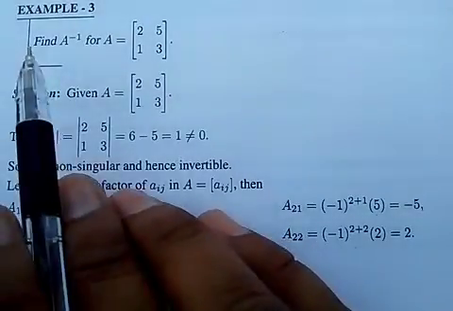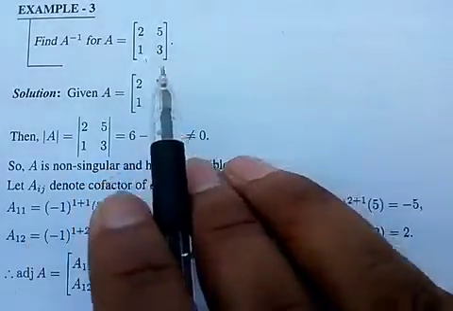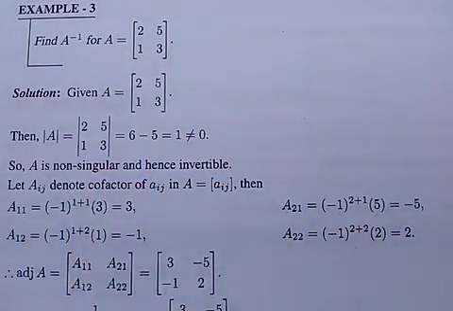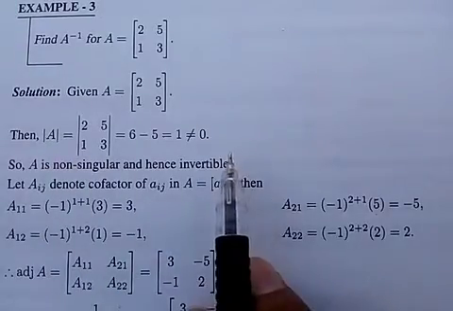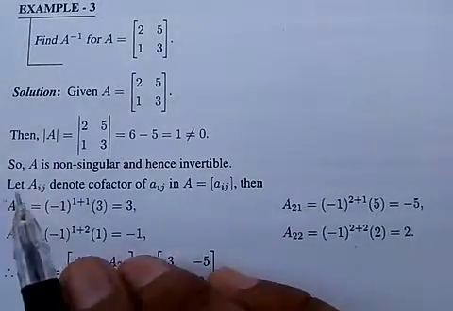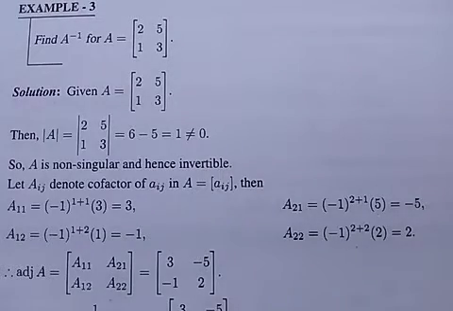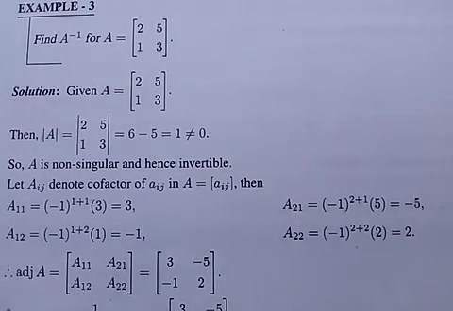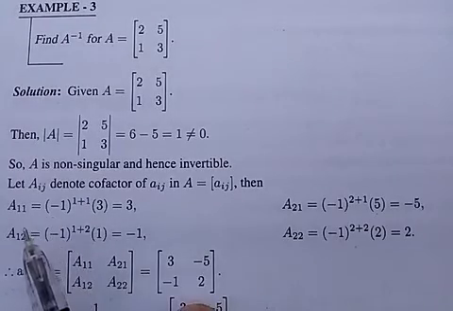For example, find A inverse of matrix A of order 2. First of all, find the determinant of given matrix. Determinant of A not equal to 0. We can say A is a non-singular matrix, so we can find inverse of given matrix. Second thing, find cofactor of given matrix.